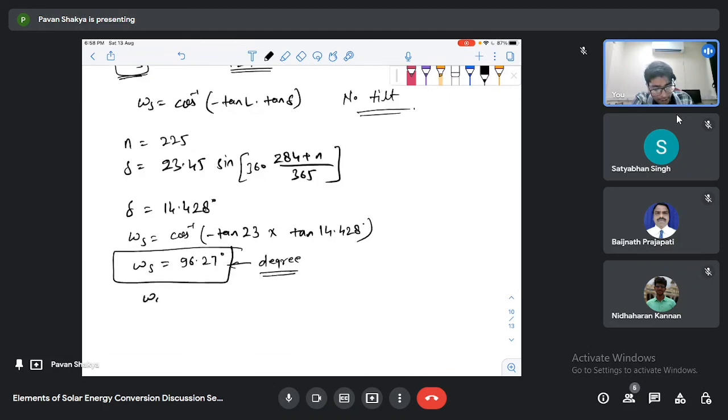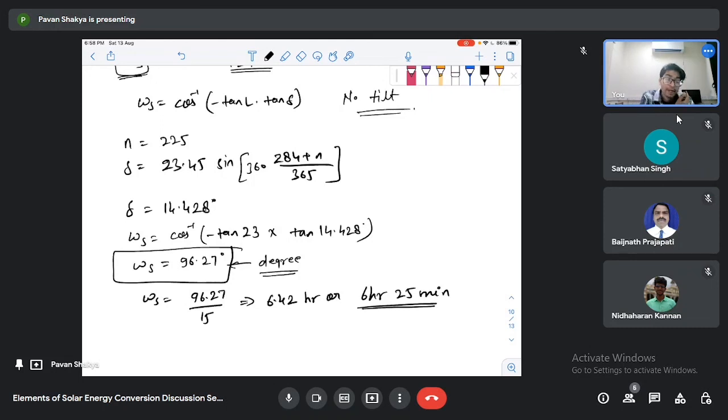So by dividing it by 15 degree, as we know that the Earth revolves 15 degree in 1 hour, it comes out to be 6.42 hour, or we can say 6 hour and 25 minutes.